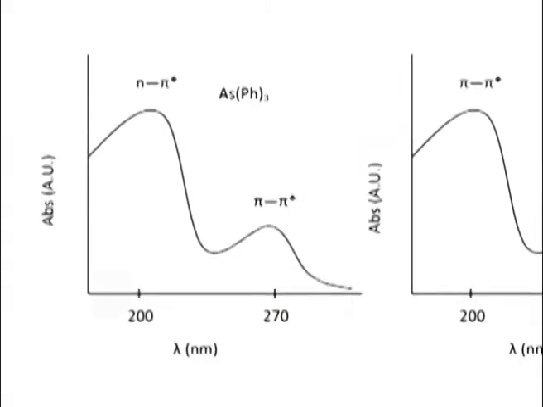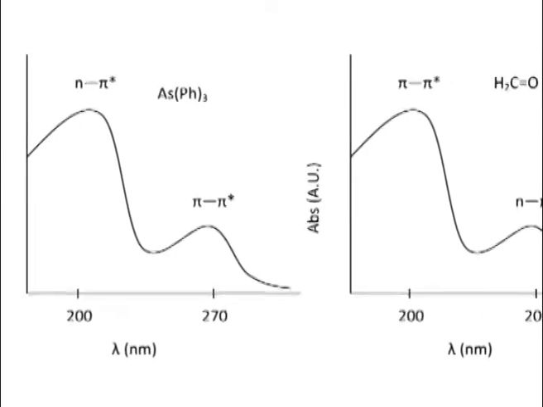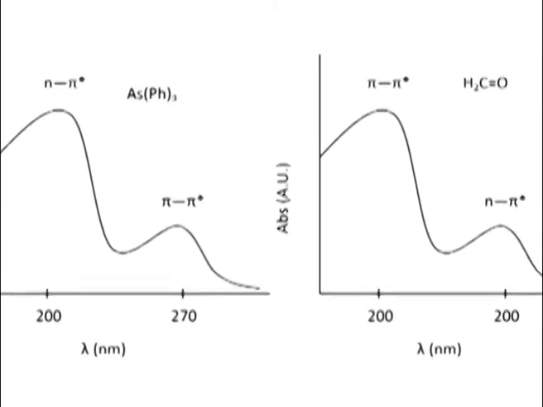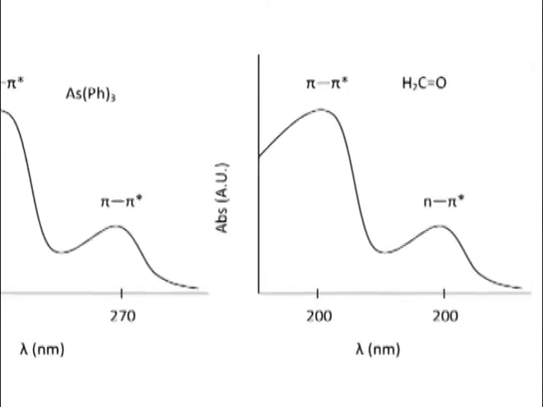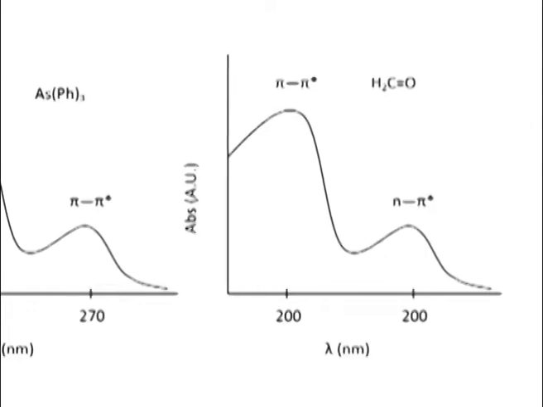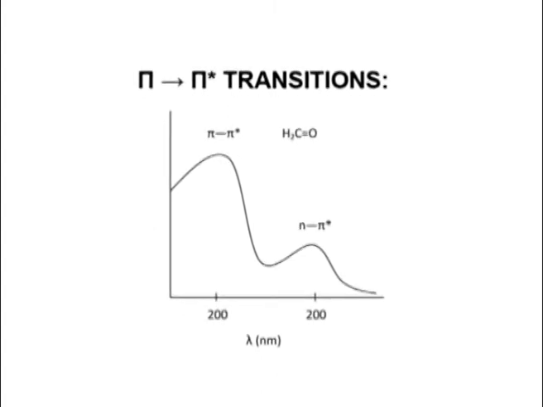Most absorption spectroscopy of organic compounds is based on transitions of n or pi electrons to the pi star excited state, and the absorption peaks for these transitions fall in an experimentally convenient region of the spectrum, 200 to 780 nanometer.